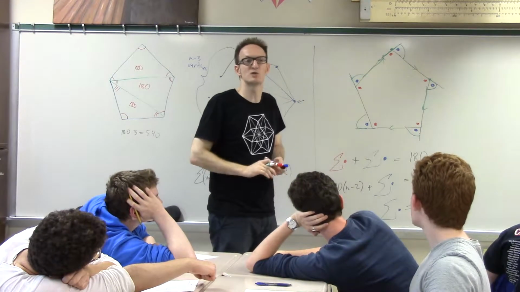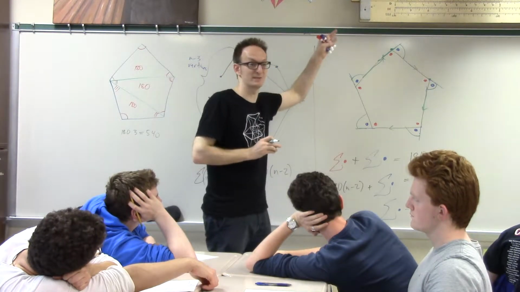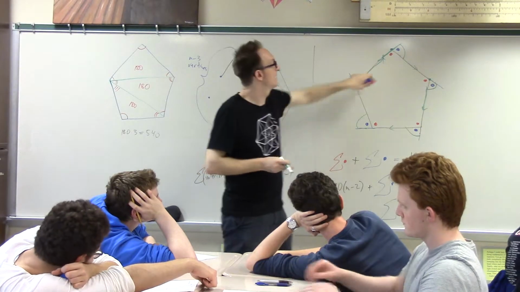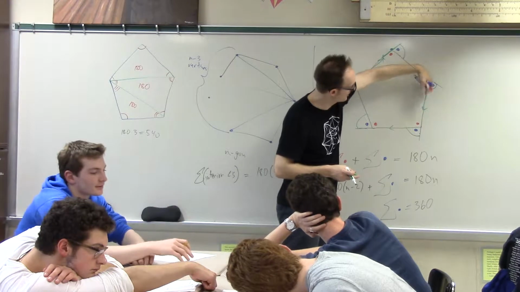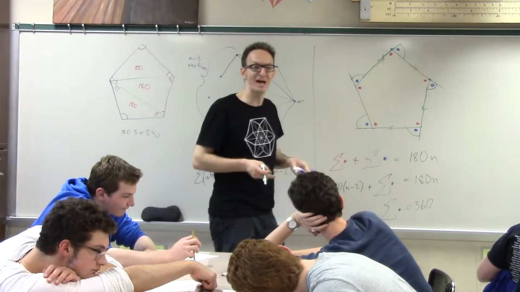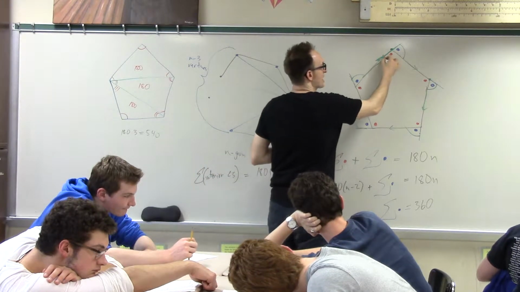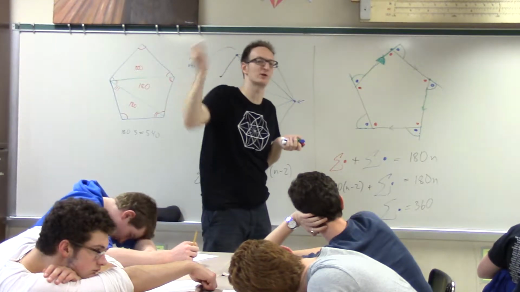Intuitively, what I've done is a sequence of translations and rotations. Starting here, I went forward, turned, forward, turned, forward, turned, forward, turned, forward, turned, forward. And I'm back exactly where I started, and crucially pointing in the same direction as I started in. And so I must have turned 360 degrees.